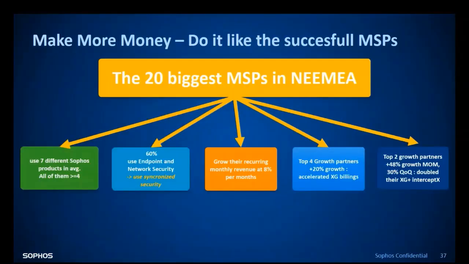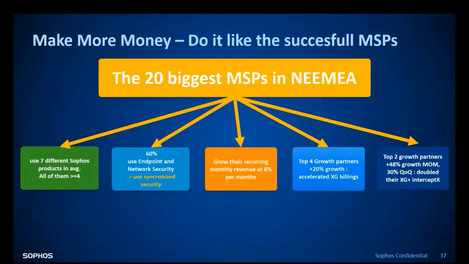And I want to touch base a little bit. Michael shared earlier how the top 20 partners in NEEMEA are doing, but let's put more spotlight on the region that we are addressing. So just for you to know, our top 20 MSPs in this region use 7 different products on average, because it's one management dashboard, it's very easy to cross-sell, yeah?